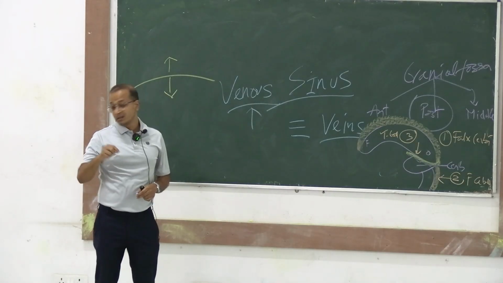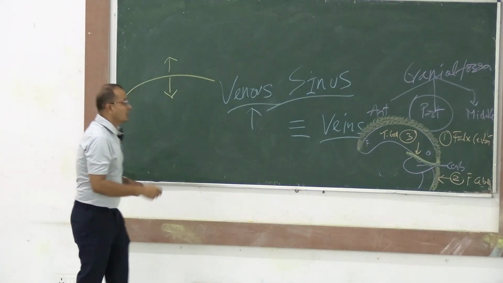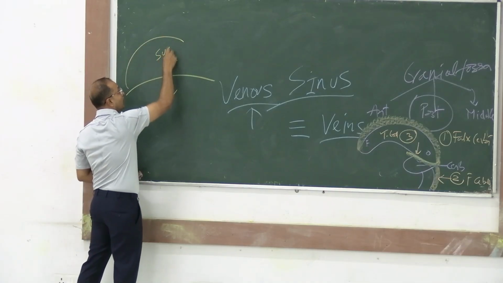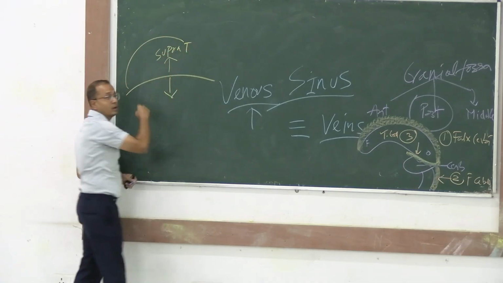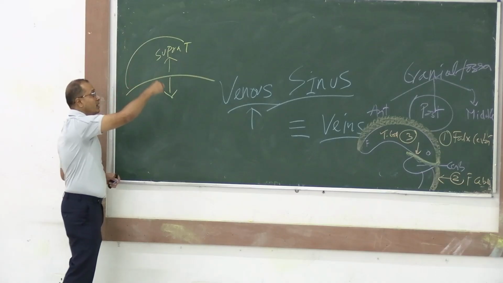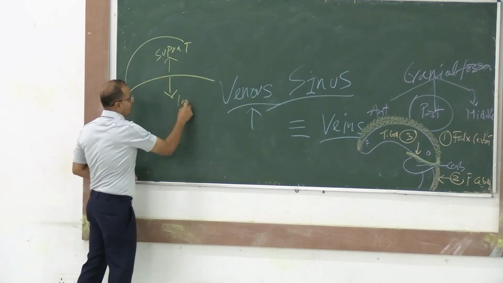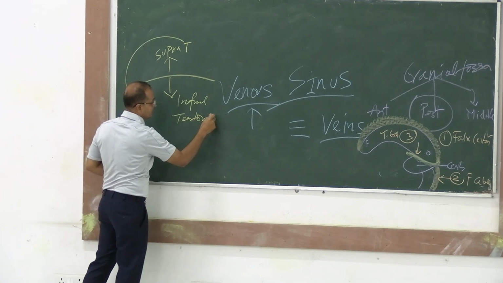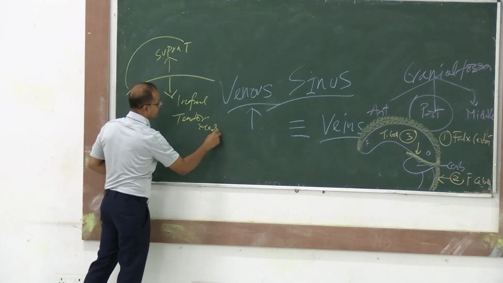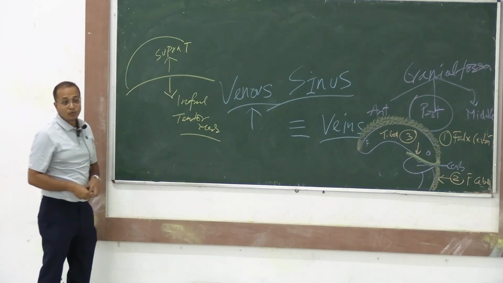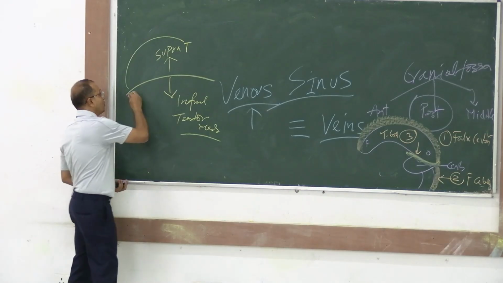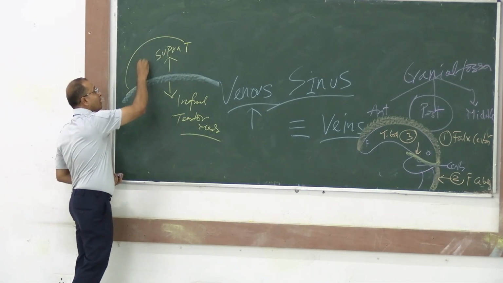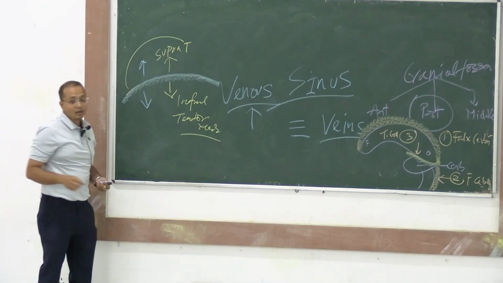Above the tentorium, we call them the supratentorial and infratentorial meningeal folds. The landmark here is the tentorium cerebelli, which splits the nerve supply above and below.